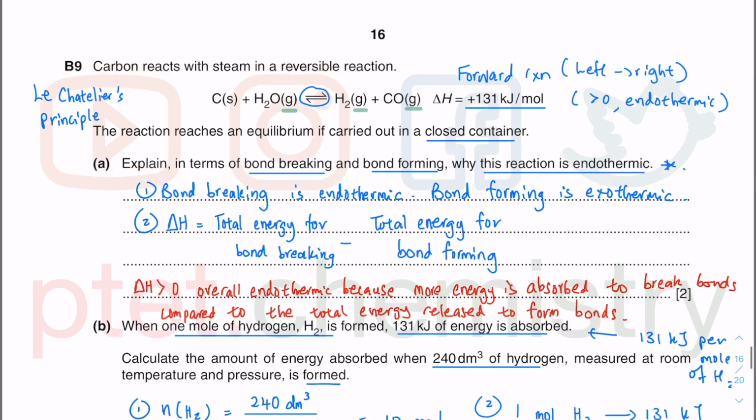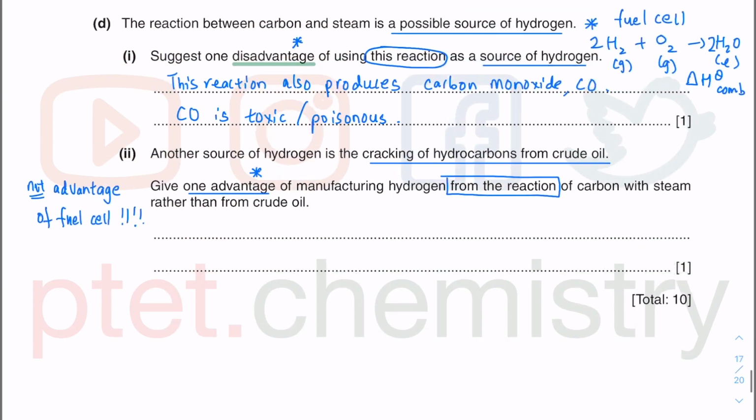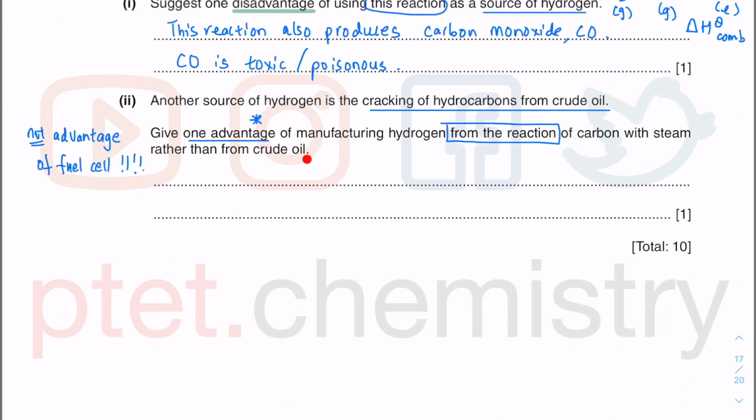So carbon and steam are readily available, whereas crude oil comes from fossil fuels, which are non-renewable resources. Once you use them up, you can't get them back again unless they get regenerated over thousands of years, under pressure, deep in the ground.